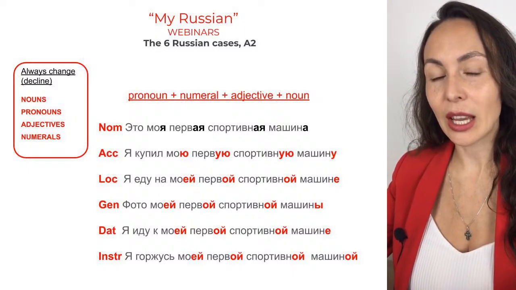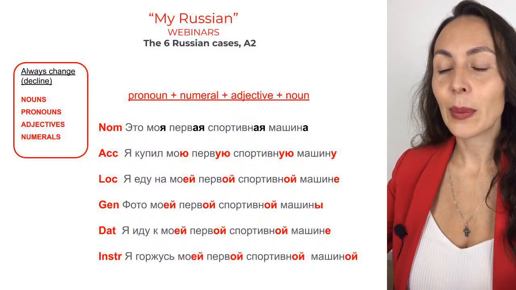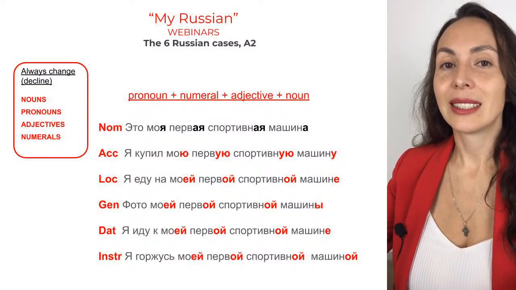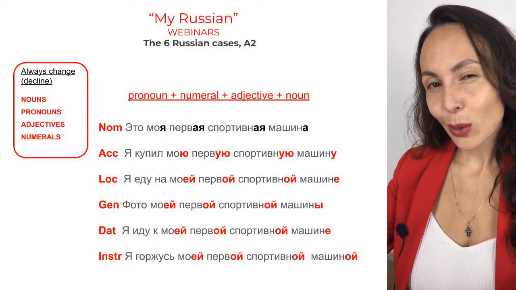So you basically have 6 different systems for 4 word types, which is quite a lot.